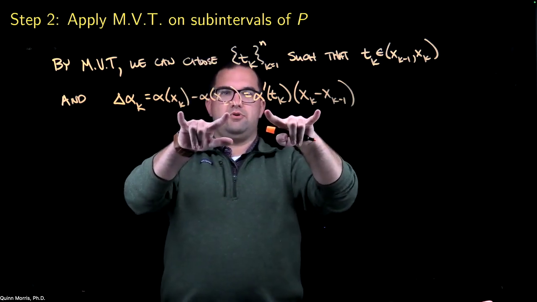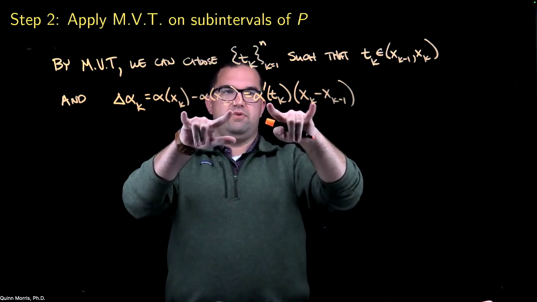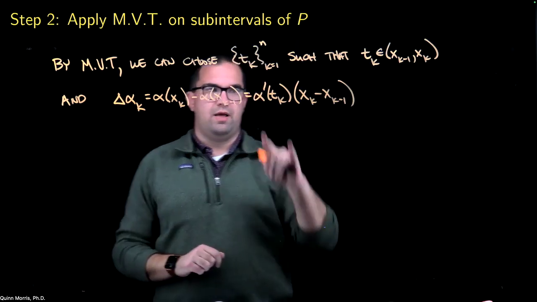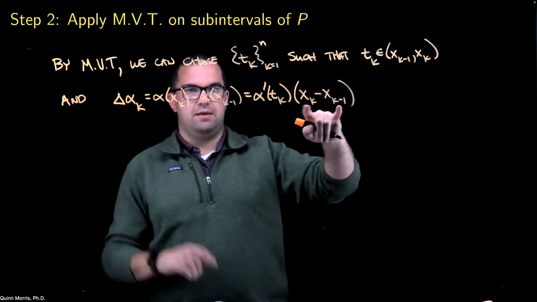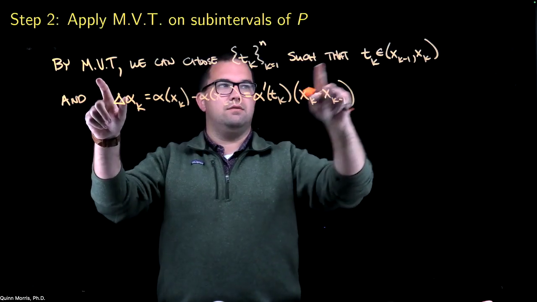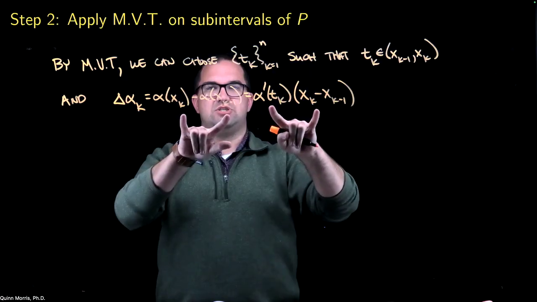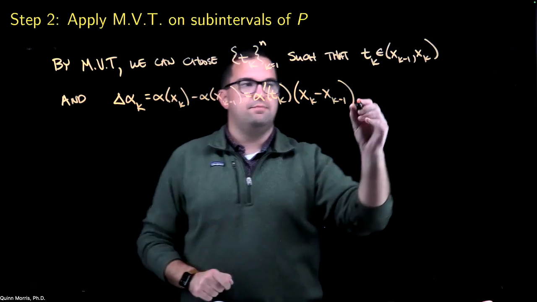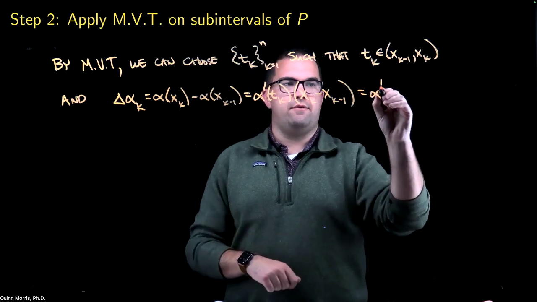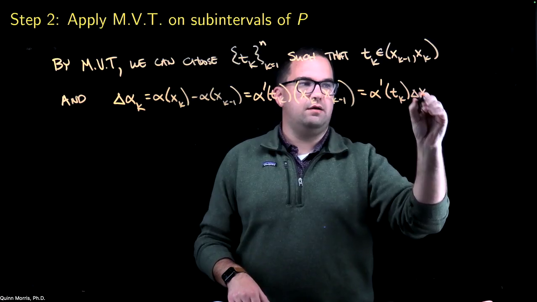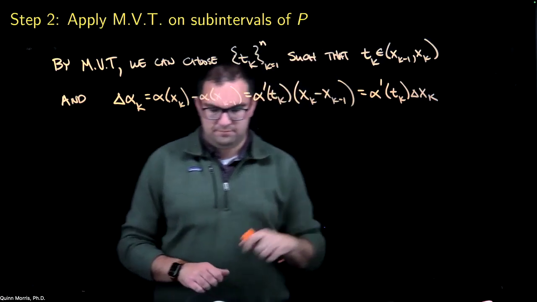This is the mean value theorem here, although I've sort of rewritten it in an alternate form. I've multiplied over by the x_k minus x_{k-1}. But I'm really choosing t_k in this interval such that this holds. So the mean value theorem is giving us this equality. And if I look at this, this is really alpha prime of t_k times delta x_k.